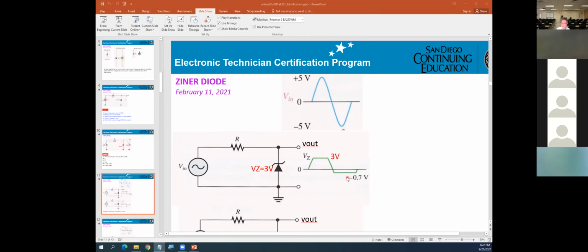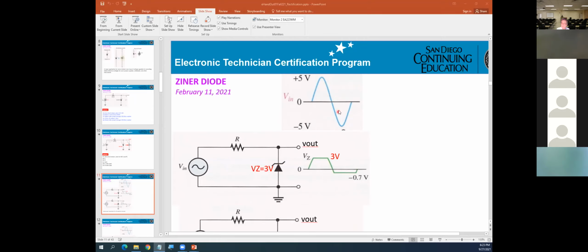So that will be telling you, when you apply a sine wave to this circuitry, the voltage higher than the breakdown, 3 volt, gets cut. The output, instead of 5 volt, now only gets 3.